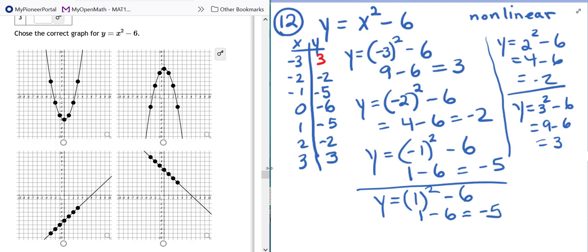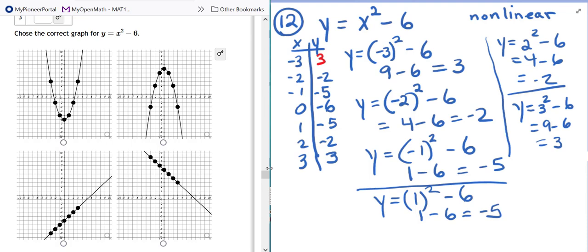So negative 3, 3 is on this one. Negative 3, 3 is not on this one. You could test another point just to be sure. Let's look at 0, negative 6. Right, so don't go over, but go down 6. This is the right choice.